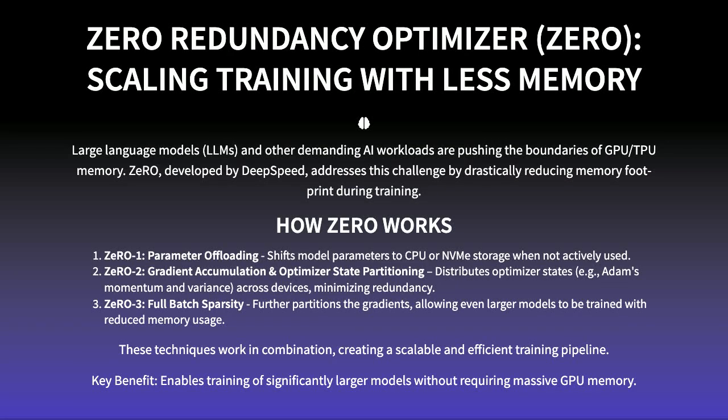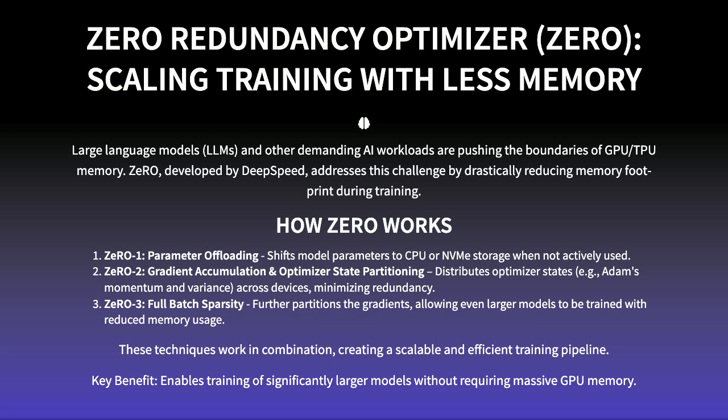Okay, let's talk about Zero Redundancy Optimizer. It's a really clever way to tackle the huge memory demands when training gigantic AI models like those powering large language models. Basically, ZeRO tackles this problem by cleverly splitting up all the information involved in the model training process, things like the model's parameters, optimizer states, and even gradients across multiple devices, primarily GPUs or TPUs.